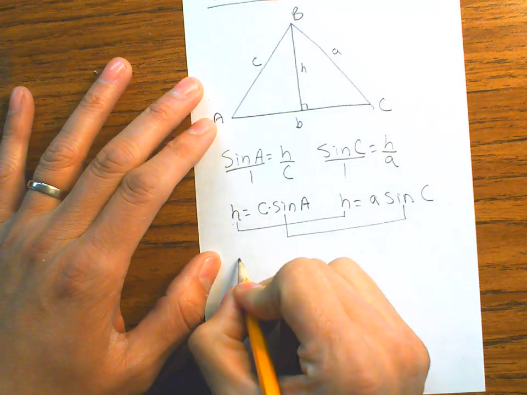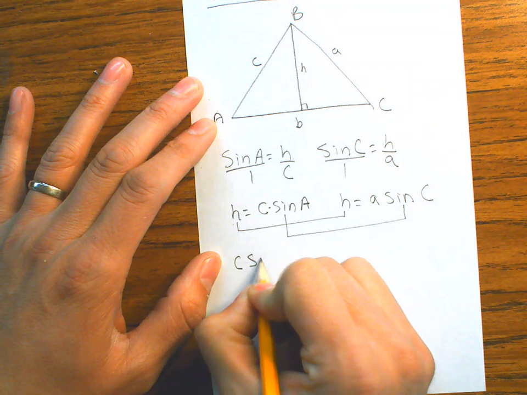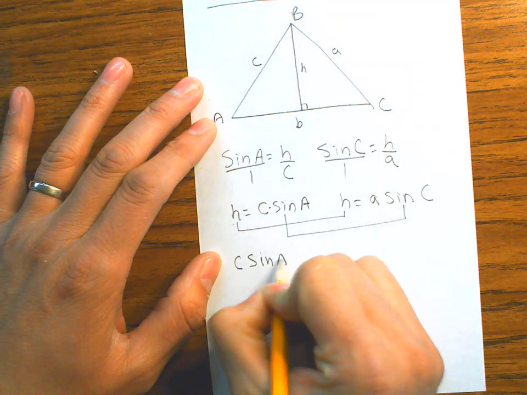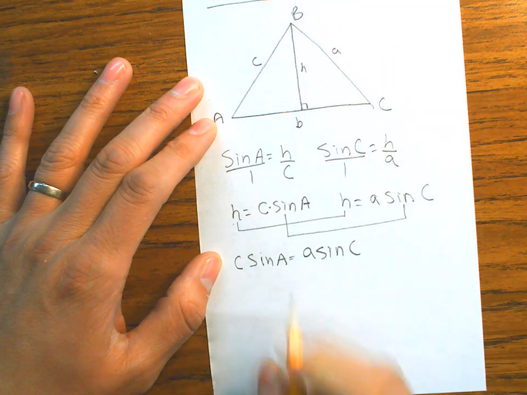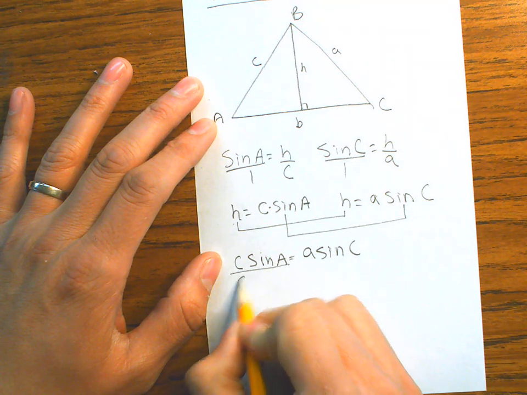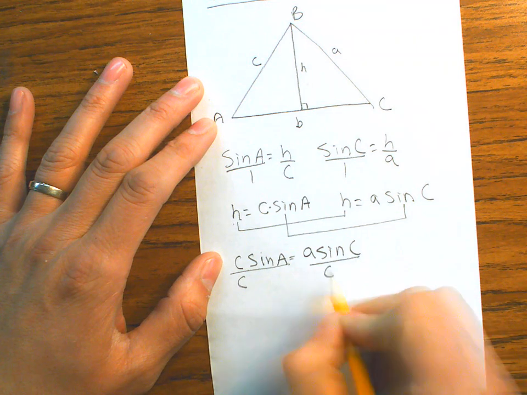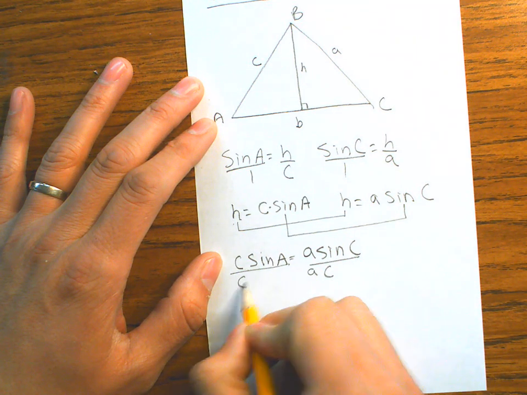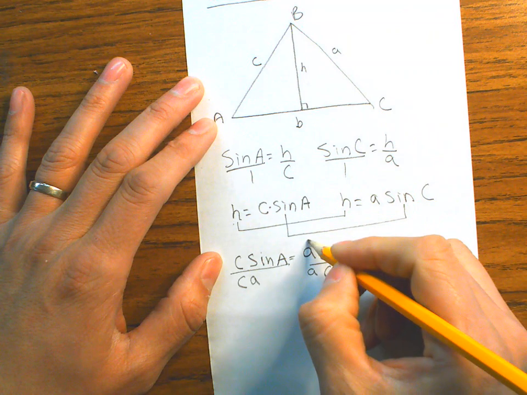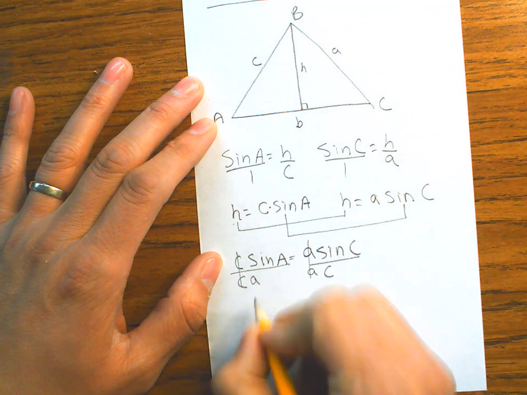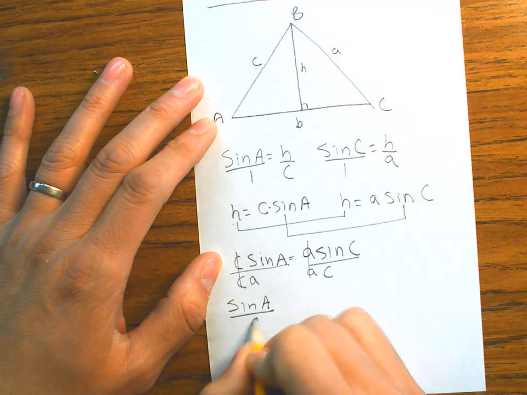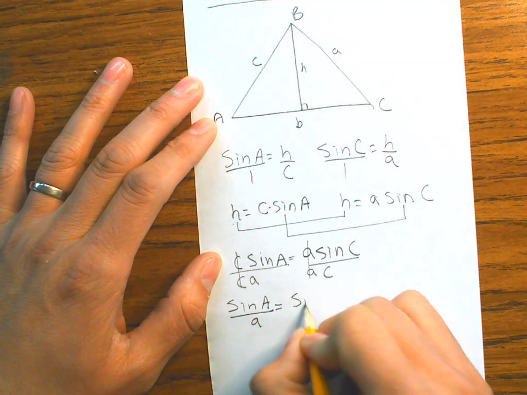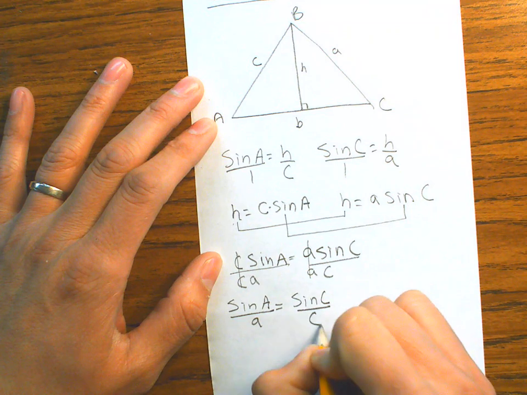So when I set them equal to each other, C sine of A equals A sine of C, I'm going to divide both sides by C, and I'm going to divide both sides by A. Now these are going to divide, these are going to divide, and I have the sine of A over A equal to the sine of C over C.